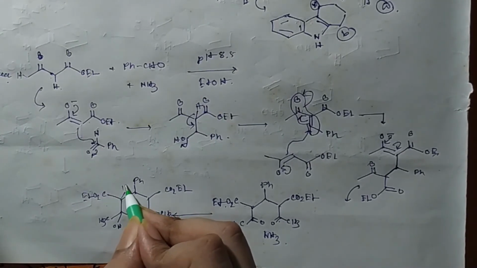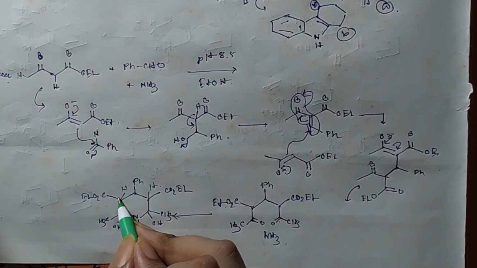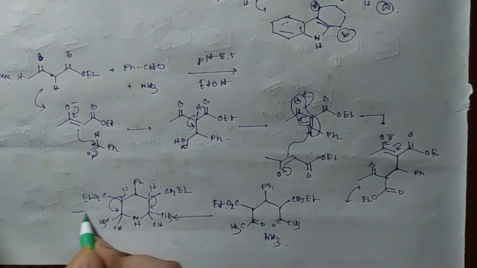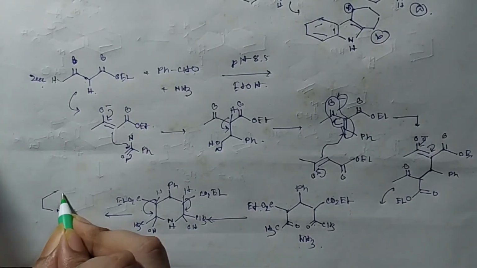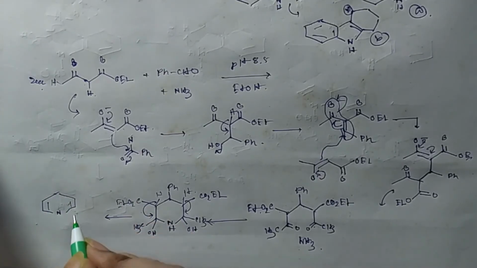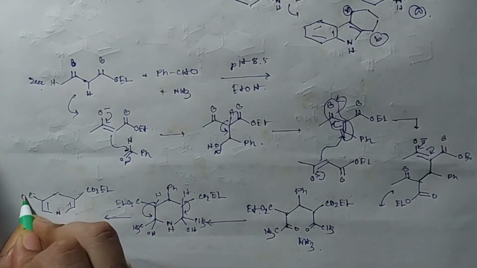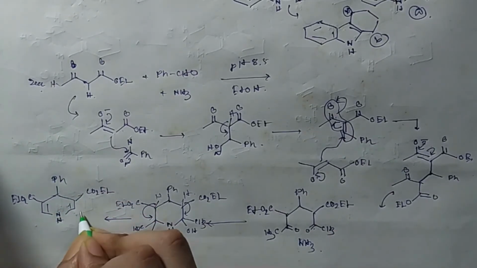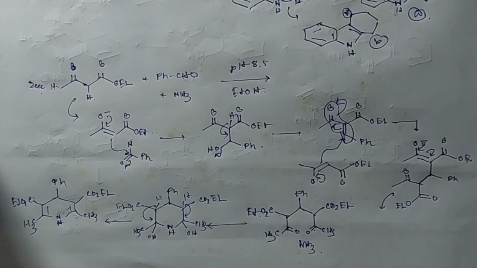Now these protons are acidic because they are alpha to a carbonyl, the ester carbonyl. So that will eliminate these OH groups. So you will get a product which is just a precursor of a substituted pyridine.